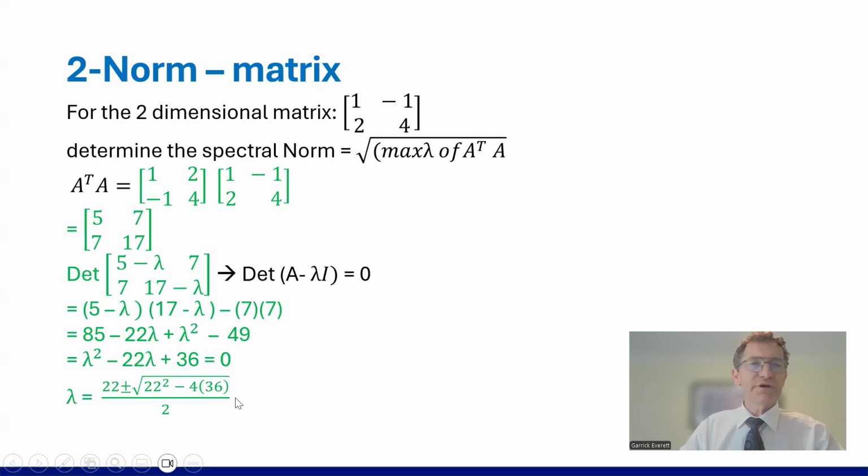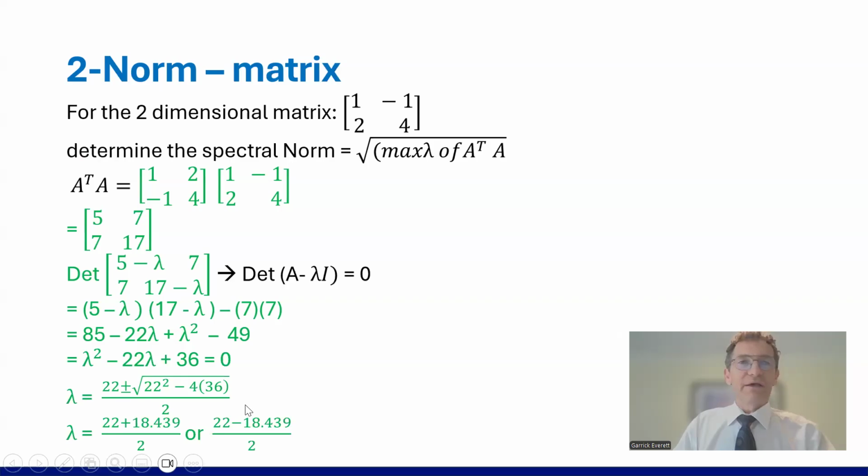You should know that one off by heart, because hopefully you're teaching it to your students, although they've probably got formula sheets, which is a bit lazy, but that's the way life is at the moment in mathematics. So lambda is 22 plus 18.439 over 2, or 22 minus 18.439 over 2, and that will give us lambdas of 20.22 or 1.78.